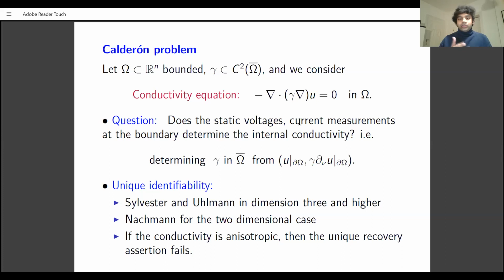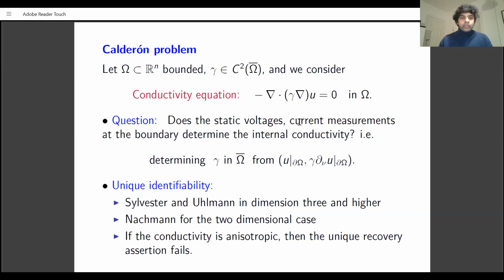That was the thing we were just discussing a bit. Then you have the gauge invariance. That means there exists a diffeomorphism from omega to omega fixing the boundary, and you do get 2 different conductivities. The boundary measurement is the same, but they are different inside the domain.